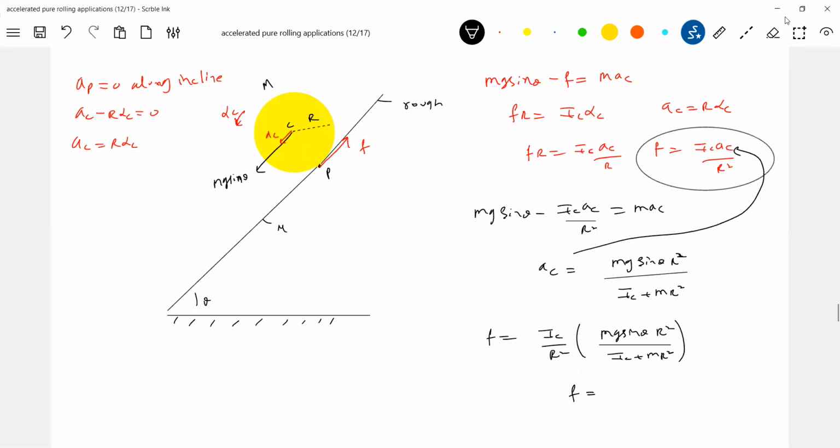Mg sine theta R square gets eliminated, so it is mg sine theta by 1 plus MR square by IC. This is something very important.